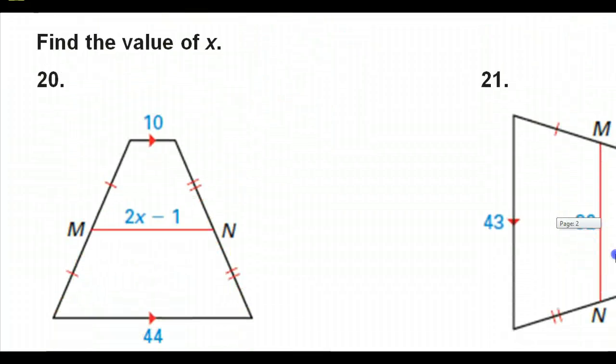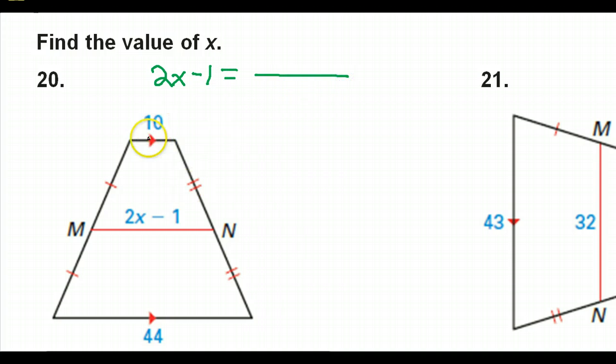Okay. Let's look at number 20. Find the value of X. The mid segment should equal base plus base divided by 2. So in this case, that means 2x minus 1, that's the mid segment, should equal base plus base divided by 2, the average of the bases.